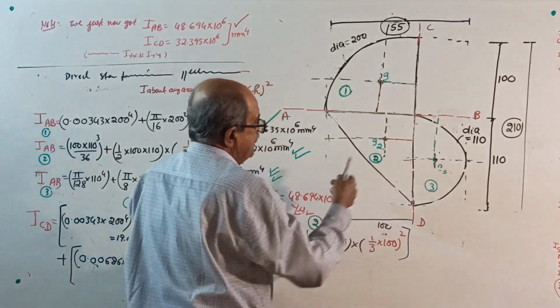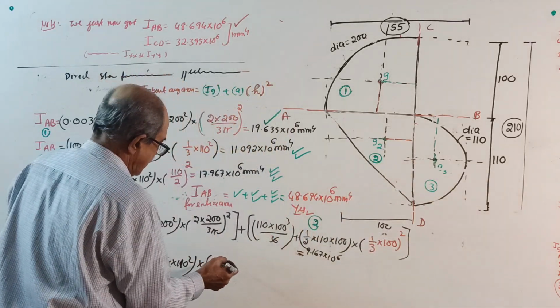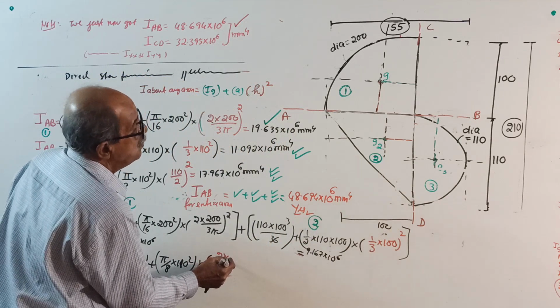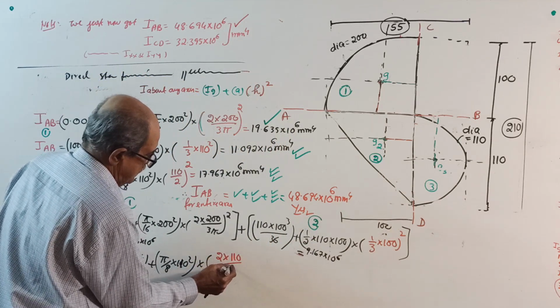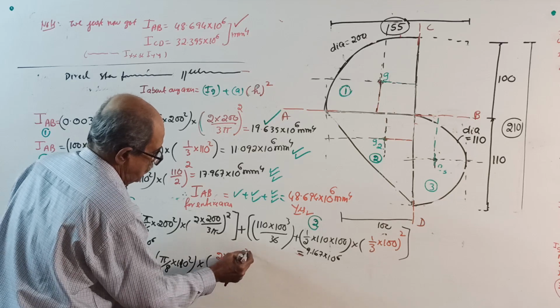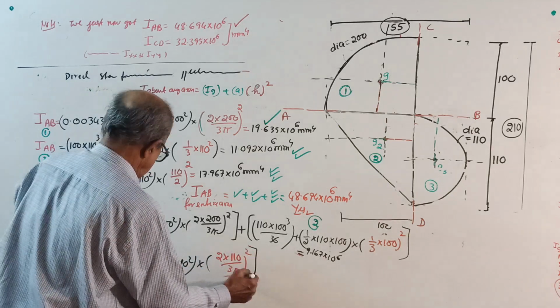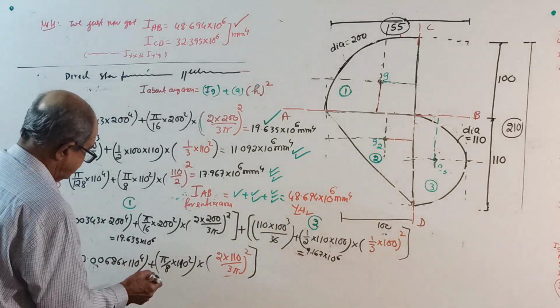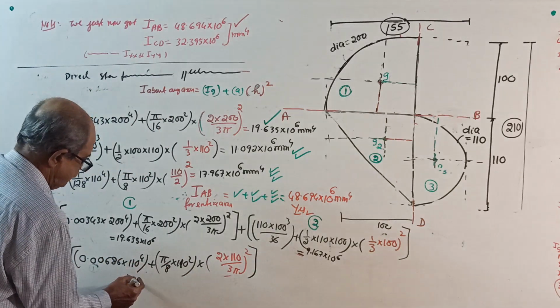This distance square is, red color, 2d by 3 pi, 2 into 110 divided by 3 pi, whole square. This is for your 3. This is for part 3. Make a note, this everything is for part 3.